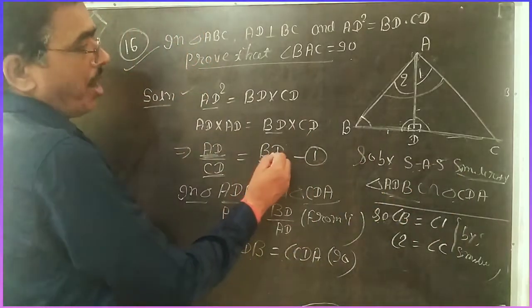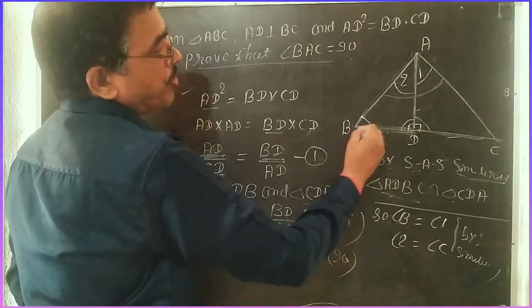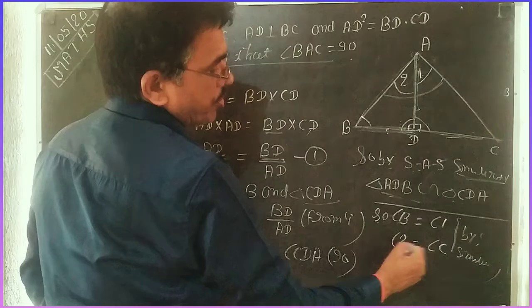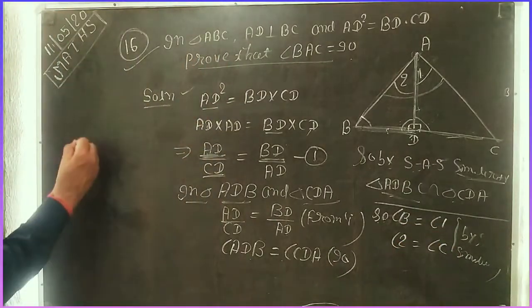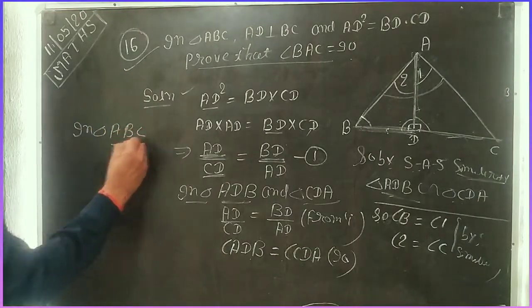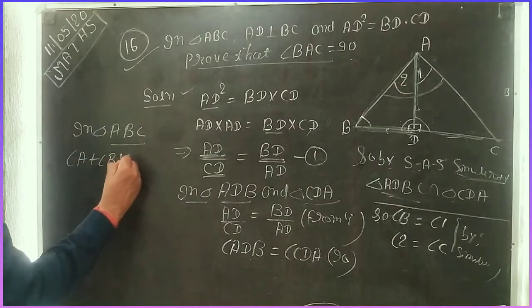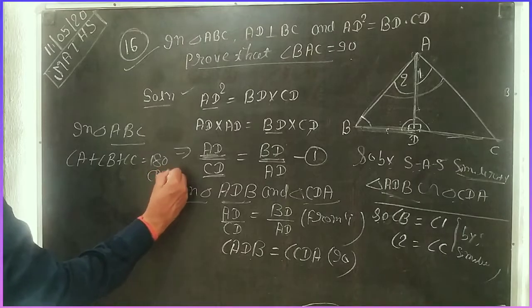Similarly, opposite of BD is 2. You see here in the small triangle, opposite of BD is 2 and opposite of AD is C. So 2 is equal to C and B is equal to 1. Now, in triangle ABC, angle A plus angle B plus angle C is 180, by the angle sum property.